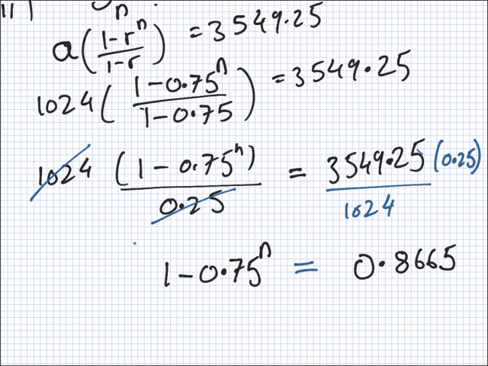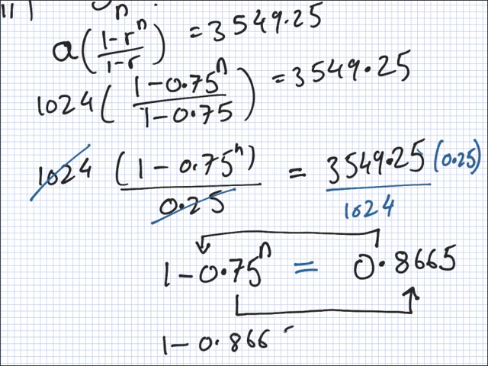I don't want to move the 1 because I don't like that this one has a minus on it. I would prefer to bring this over to the right to make it positive and bring this number over to the left. So I would get 1 minus 0.8665 equals 0.75 to the power n.